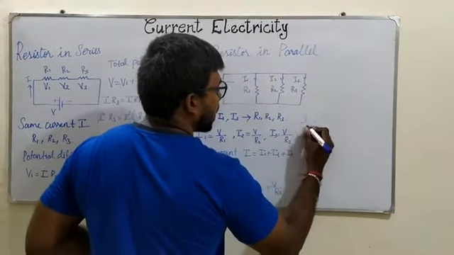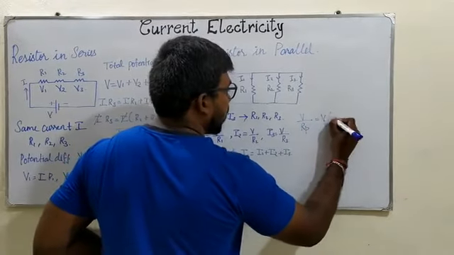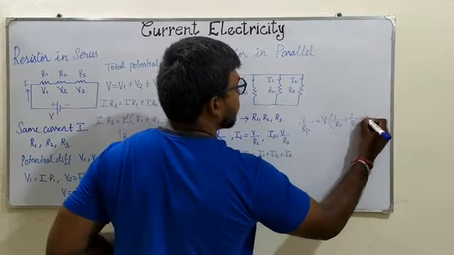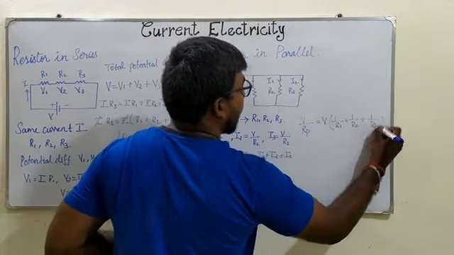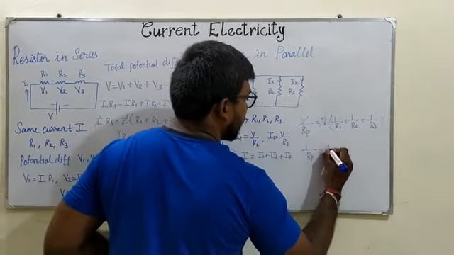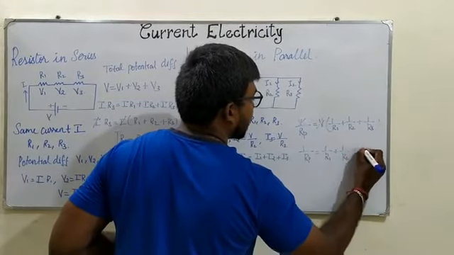Taking V in common, 1 by Rp is equal to 1 by R1 plus 1 by R2 plus 1 by R3.